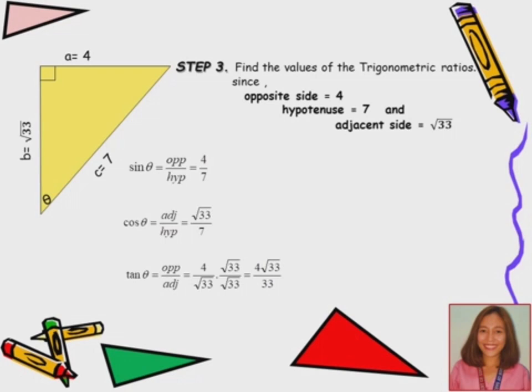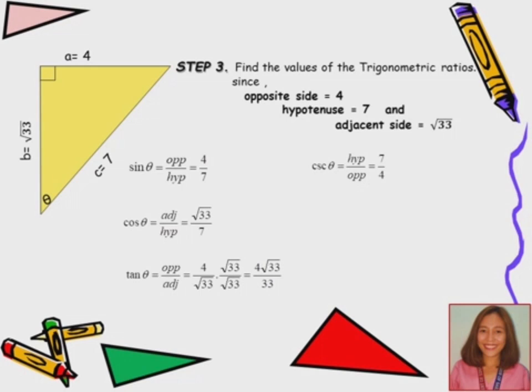So, instead of opposite over hypotenuse, si cosecant ay magiging hypotenuse over opposite. Kaya siya naging cho. Cosecant is equal to hypotenuse over opposite. So, since our hypotenuse is 7 and our opposite is 4, therefore, you will have cosecant theta equals 7 over 4.